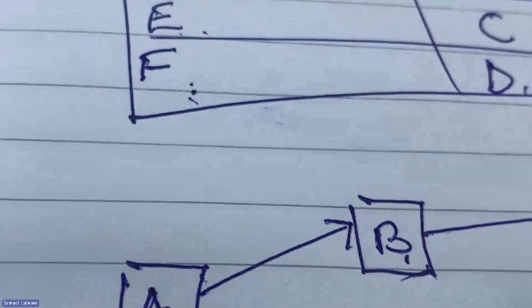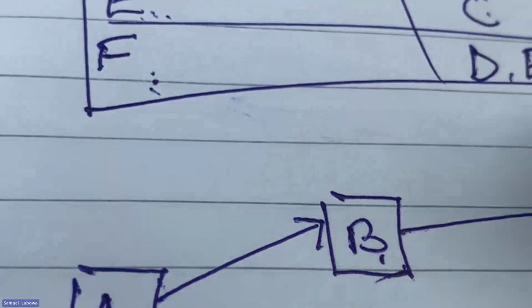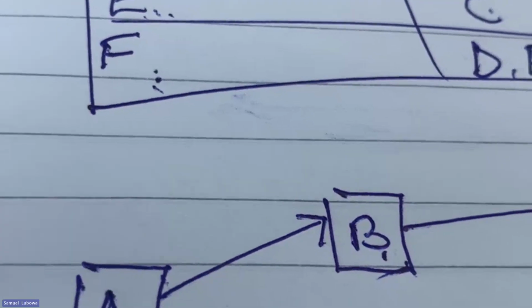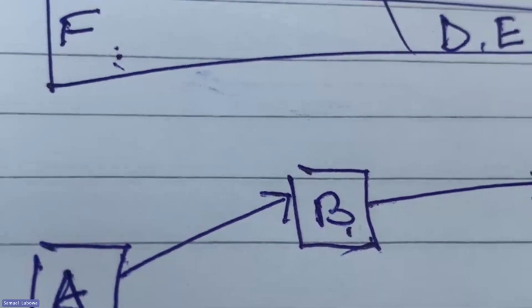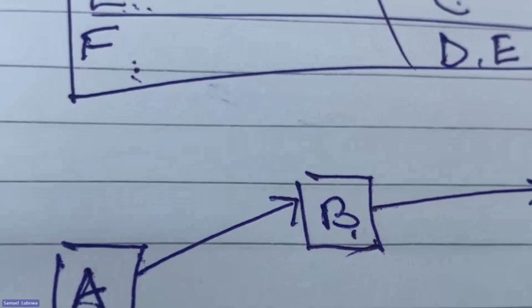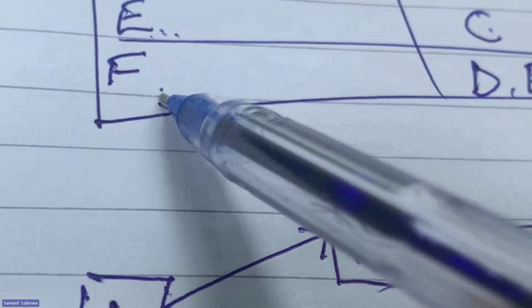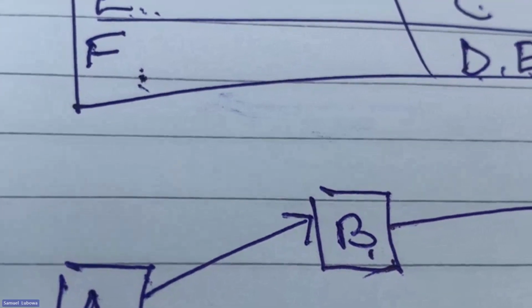Now we can go on and say we have activity E, and for E to start, activity C must first finish. So once our activity C is done, we can bring in activity E. And we have the last activity, which is F, and for this activity to start, D and A, which is this one and this one, must first finish.